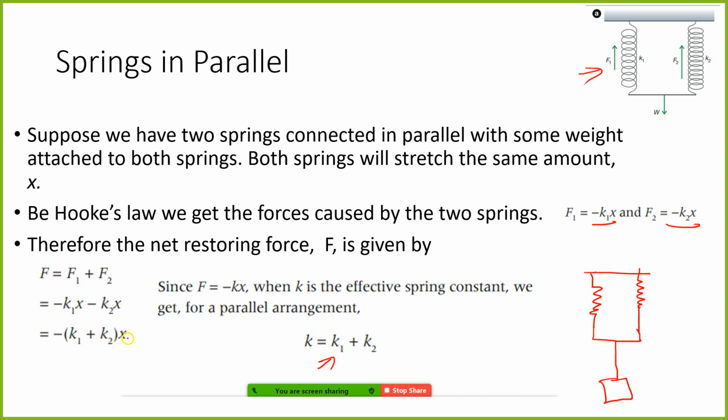When I do factor that out, I then realize that the net restoring force F is equal to minus K times X. Because what you have to understand is that the resultant, or the net restoring force, is basically related to Hooke's law, just the same.